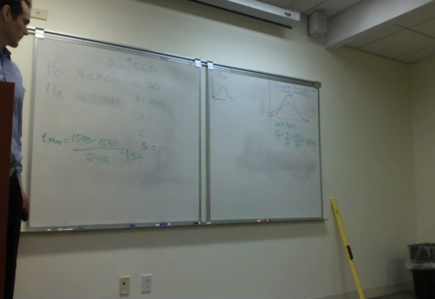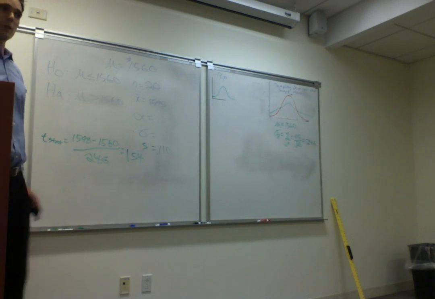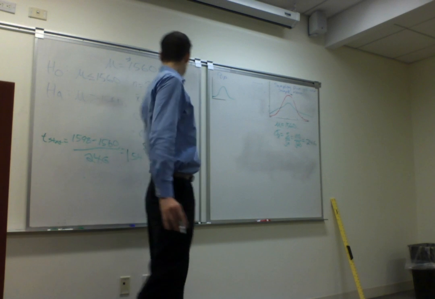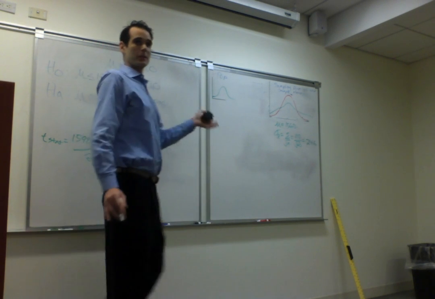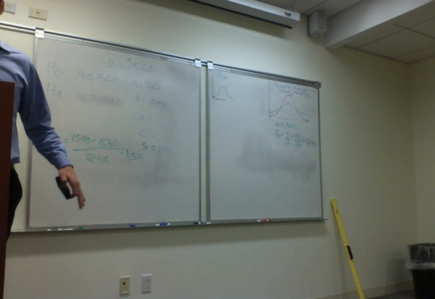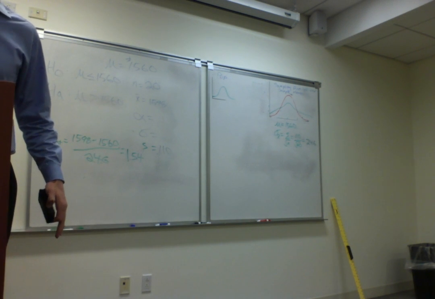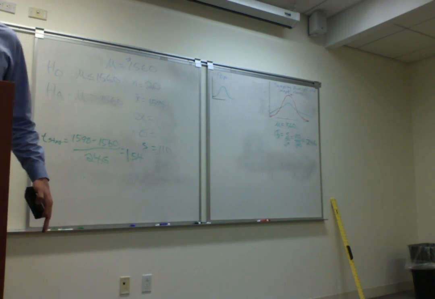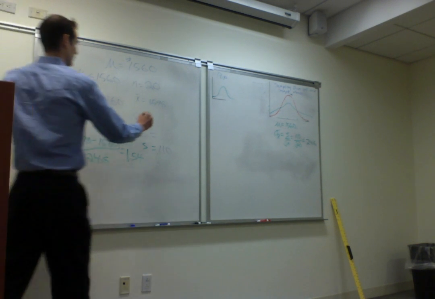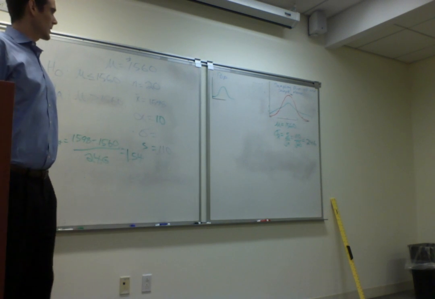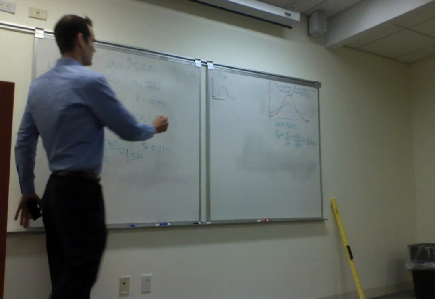Okay. And actually, I got a little ahead of myself. What have we not done yet? Right. Significance level and critical values. Yes. So, fine. Let's say the significance level is 10%. Now, is this a one-tailed or two-tailed test?